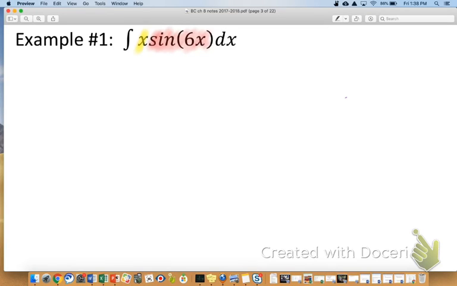I'll say it again. Anytime, and I'm using a really broad term, this is a bold statement, anytime you have an integrand that is a product, like x times sine of 6x, and the product is made of a polynomial sort of thing, like x to the third or x squared or x to the fifth, and also a transcendental, like logarithms, sines, cosines, e to the x, other exponentials, things like that.